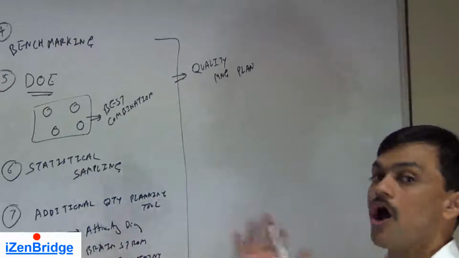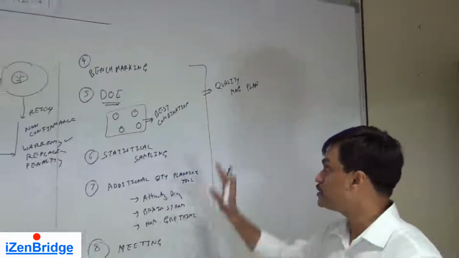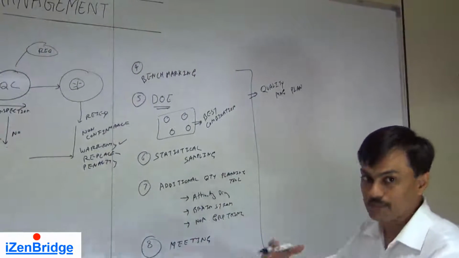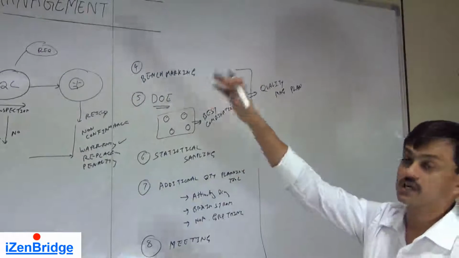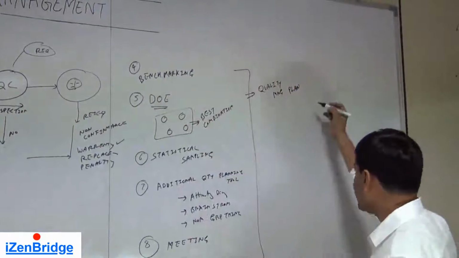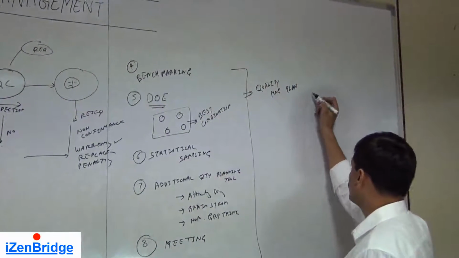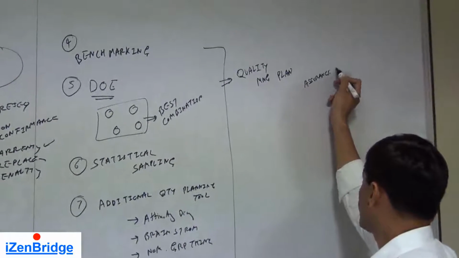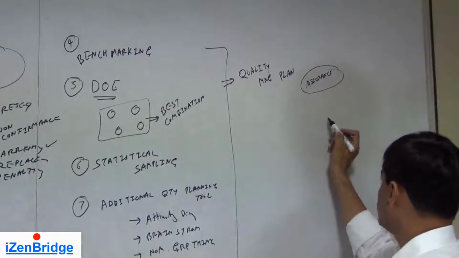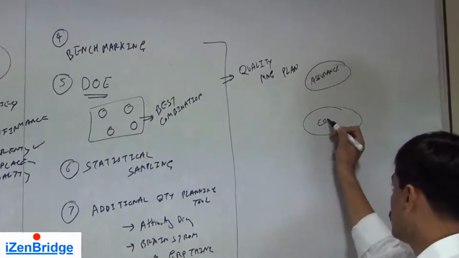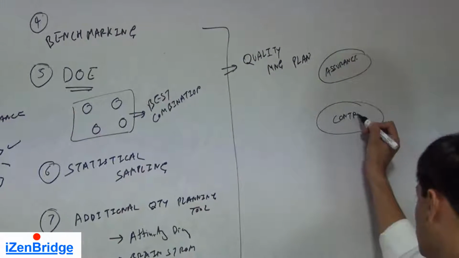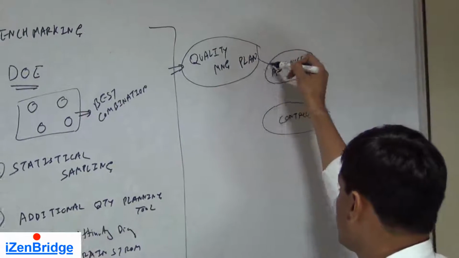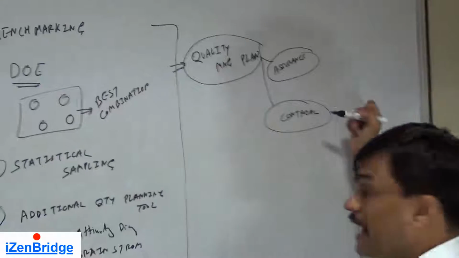As all plans should do, it should tell us how we are going to execute the remaining processes of project quality management, like how we are going to do assurance, or how we are going to do control.